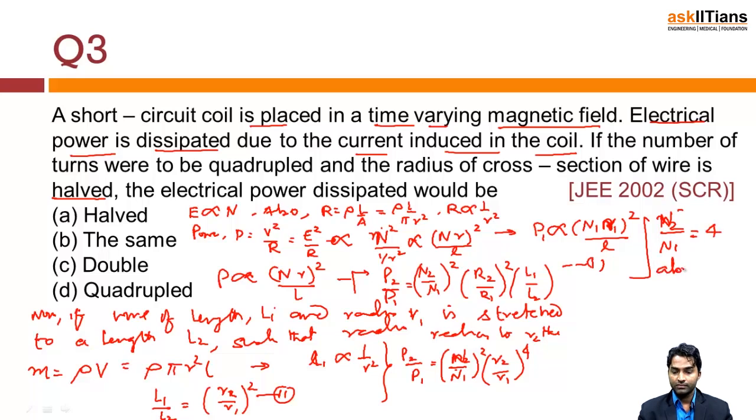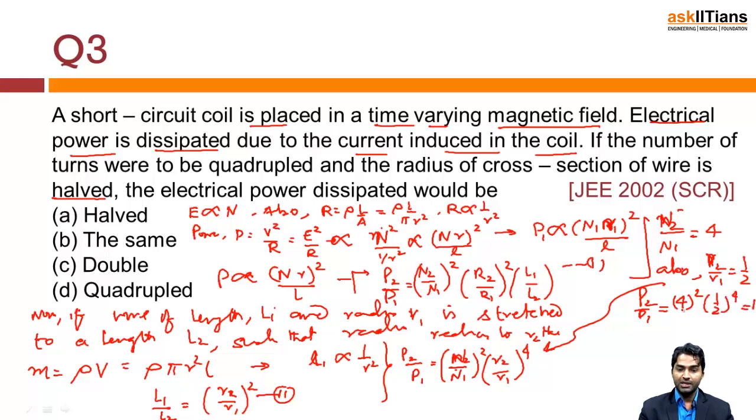Also radius R2 upon radius R1 is equal to 1 by 2. On substituting these values in the main relation, we get P2 upon P1 equal to 4 square into 1 upon 2 to the power 4. So this is equal to 1, which means power will remain the same. So option B is the right answer.